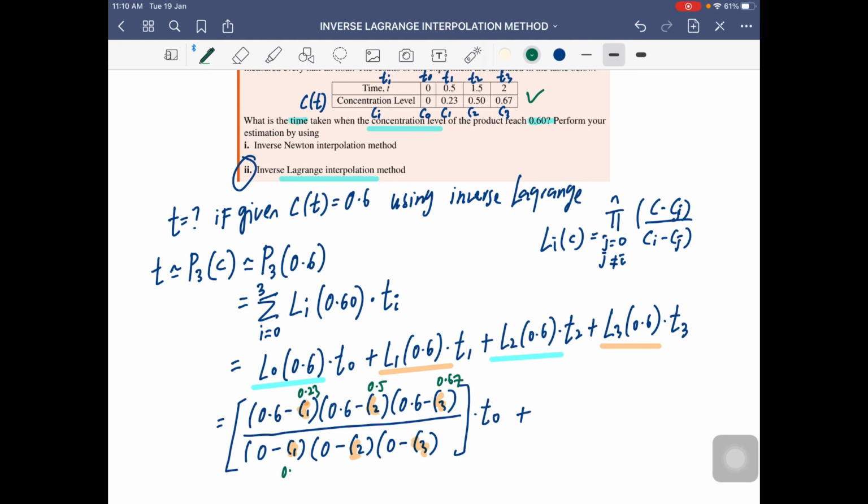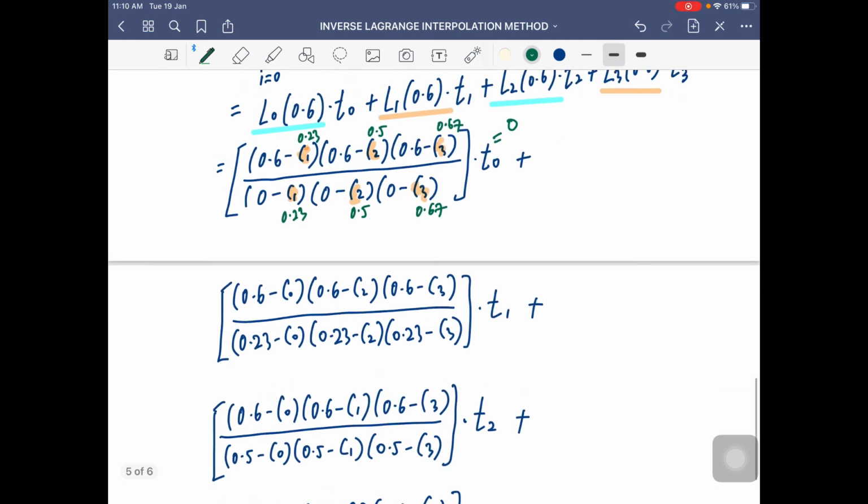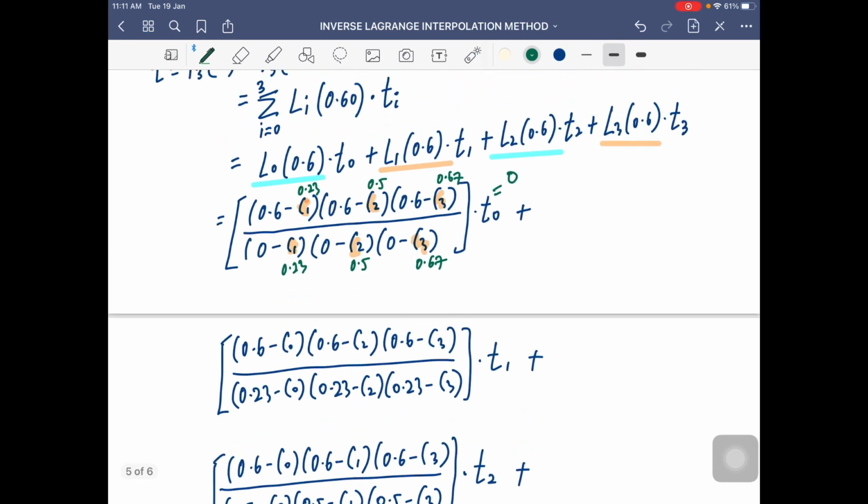Similar to here, 0.23, 0.5, and 0.67. Okay, and then I plug in here my T naught, so my T naught is 0, so if I multiply here I get 0.